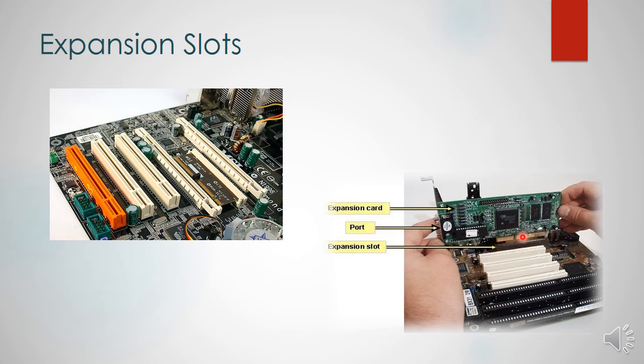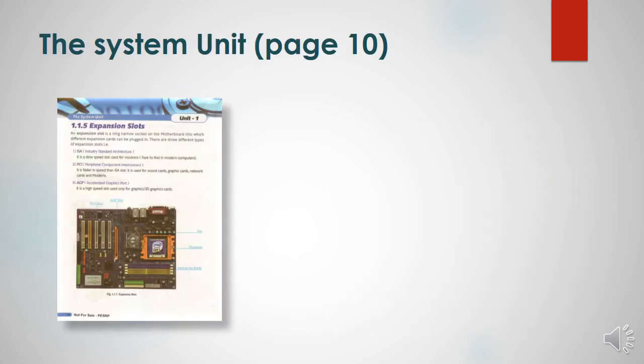This part of the expansion card is plugged into expansion slot, and this part of expansion card has its port that remains outside the system unit. There are three different types of expansion slots.